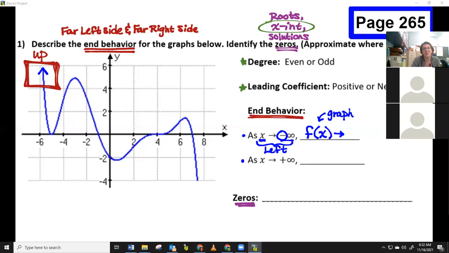So as x approaches negative infinity, as I look at the x-axis on the negative side, the left side, my graph, f of x, approaches, and you said it's going up. What kind of numbers live up? Positives or negatives? Positives. So I'm going to put a positive infinity. You can put a little plus sign there like I did. You don't have to have the plus sign for positive infinity, but sometimes it helps to put it there.